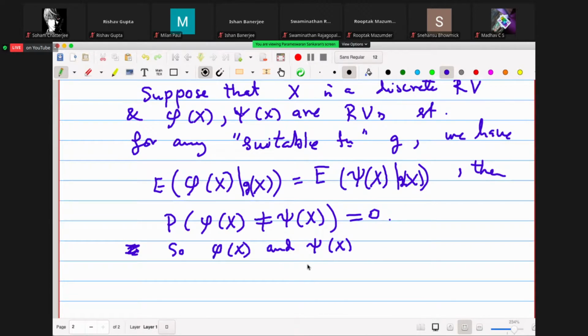Let me write it like this: almost always. This is an expression that's often used. Almost always means that where they don't agree is something whose probability is 0. Okay, yeah.